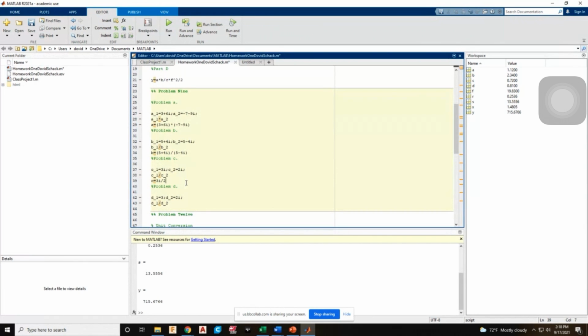Now, 3 divided by 2i would not be acceptable. Why? Just put a comma and put the other form, 3 times i divided by 2. No, sorry.